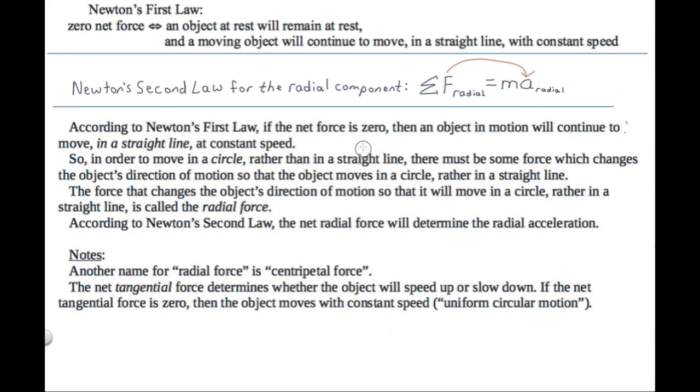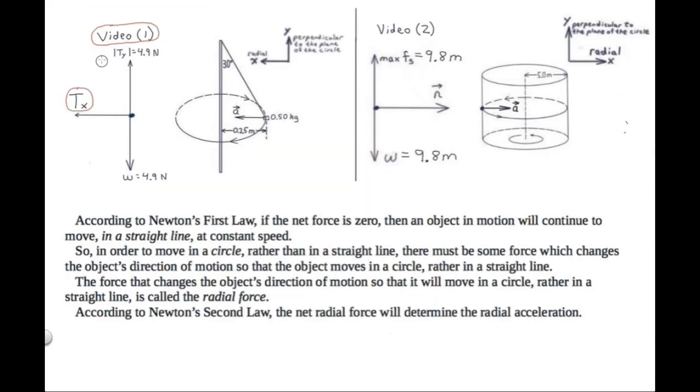In the problem that we covered in video 1, the radial force was provided by T sub x, the x component of the tension force exerted by the string. In the problem that we covered in video 2, the radial force was provided by the normal force exerted by the wall of the cylinder.